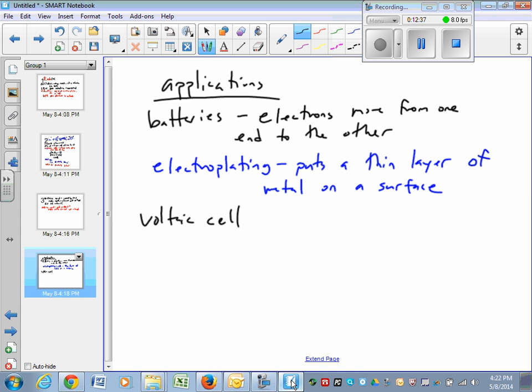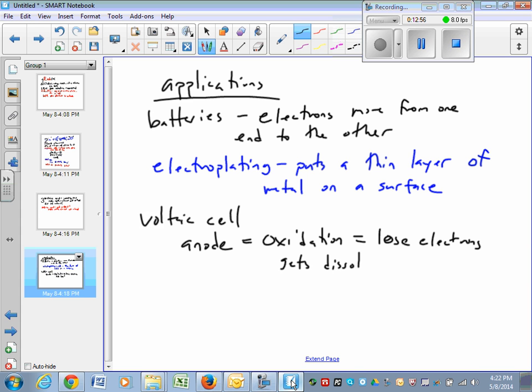That's where we're losing electrons. Okay. The anode in these cells is what's going to get dissolved. So in our example here, zinc is the anode.